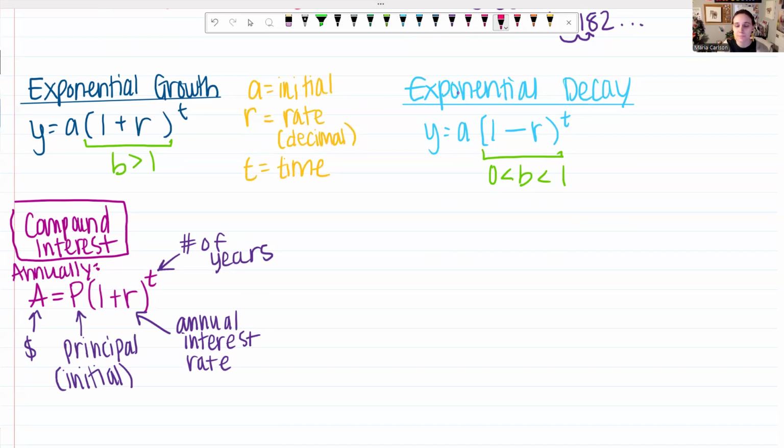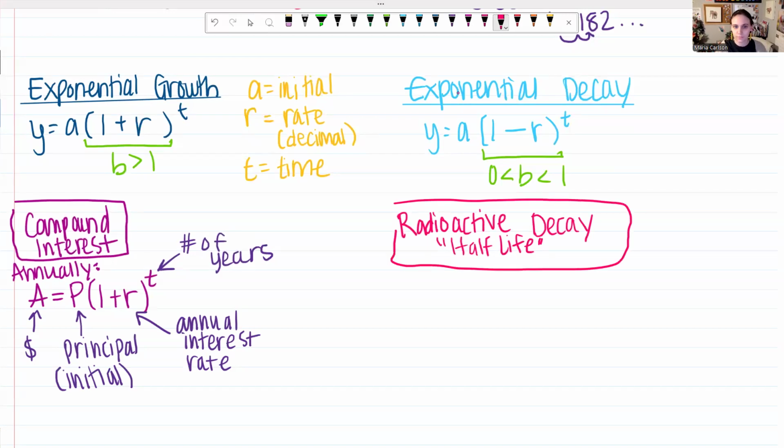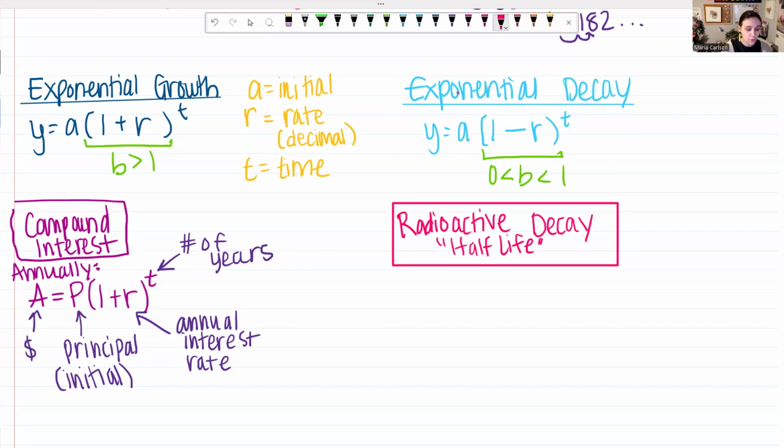A real world example we see oftentimes of decay is radioactive decay, otherwise known as a half-life. So our half-life formula is y is equal to A times 1/2 to the t divided by h power.